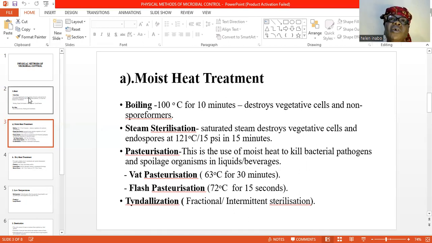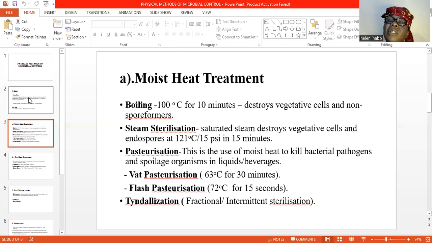This is the application of saturated steam under pressure, and this destroys vegetative cells as well as bacterial endospores at the temperature of 121 degrees Celsius and pressure of 15 pounds per square inch for 15 minutes. To achieve steam sterilization, an equipment known as an autoclave is used.